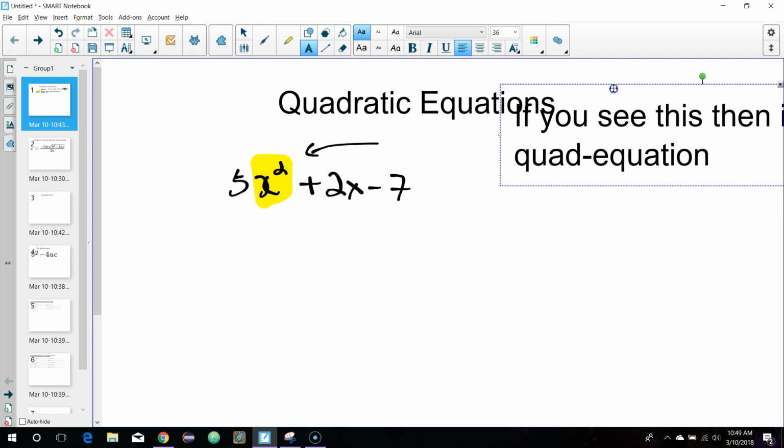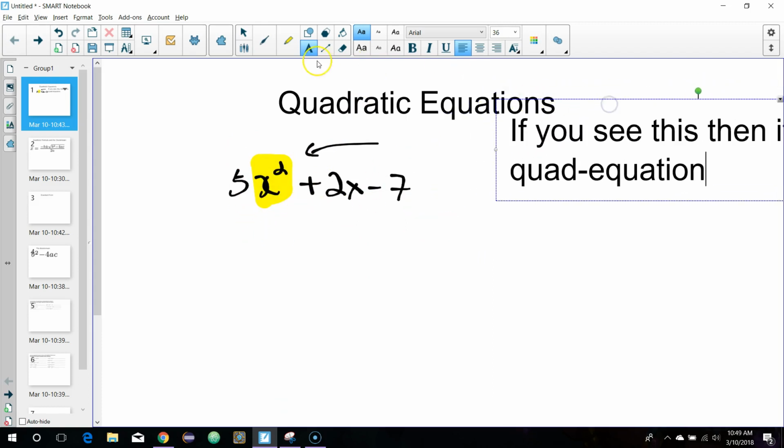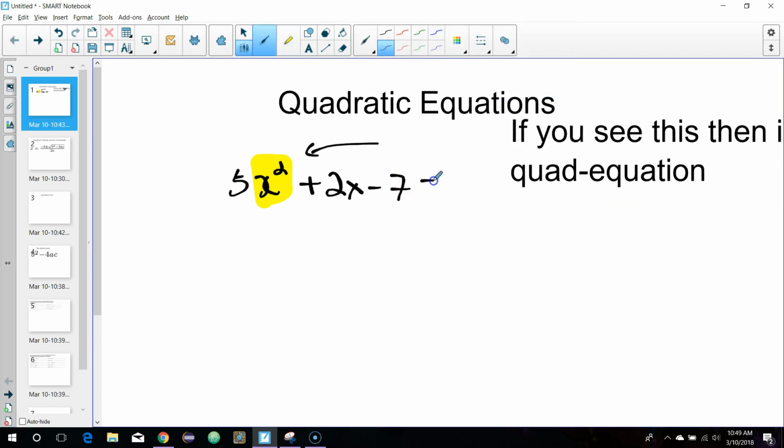Normally you will have an equal to 0 at the end. So this whole thing is equal to 0. Sometimes they may have the same thing and say 5x squared is equal to 2x minus 7, that whole thing is equal to y. That's still your quadratic equation because you have a square term.